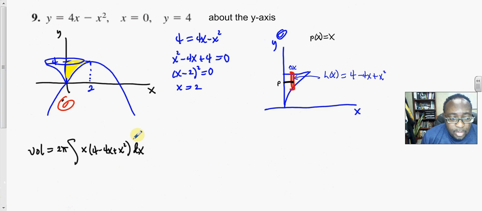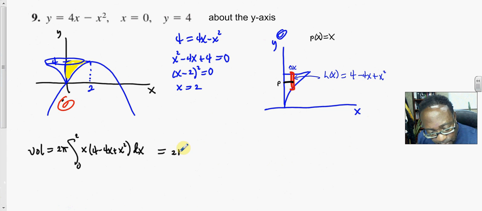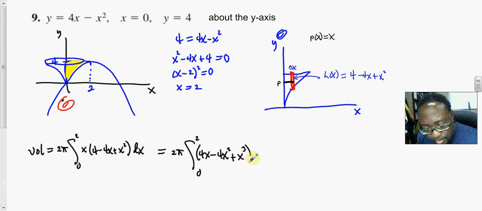Since we're integrating with respect to x, x goes from 0 to 2. So we have 2 pi times the integral from 0 to 2. Simplify this: 4x minus 4x squared plus x to the third dx.